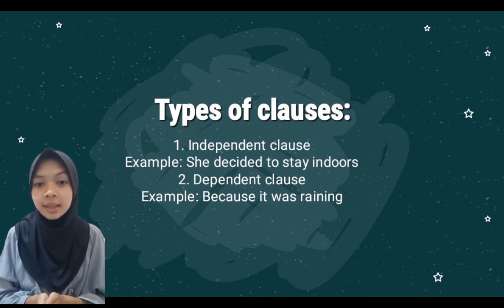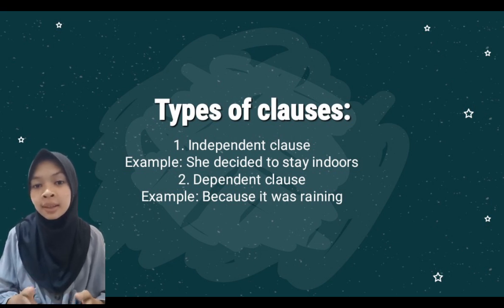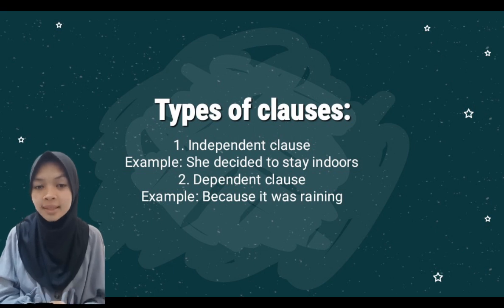An independent clause can stand alone as a complete sentence because it expresses a complete thought. For example, she decided to stay indoors. While a dependent clause cannot stand alone and needs an independent clause to make a complete sentence. For example, because it was raining.